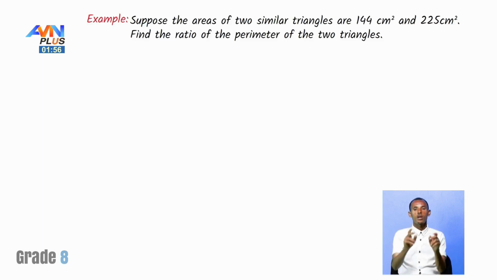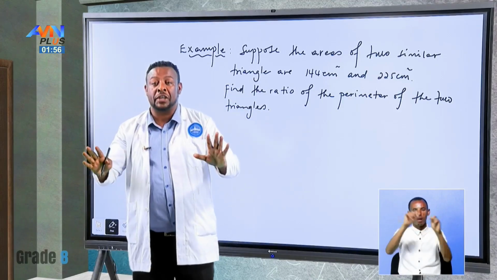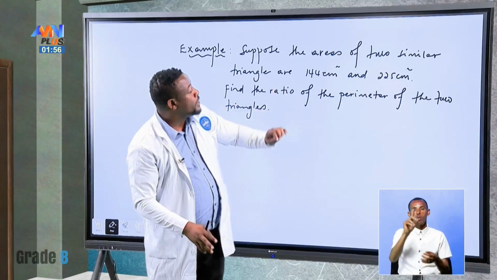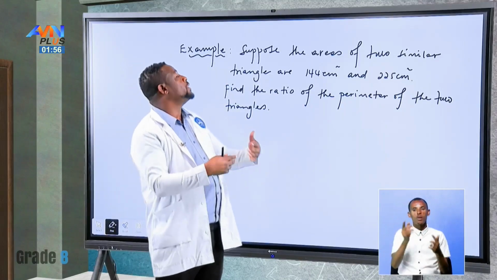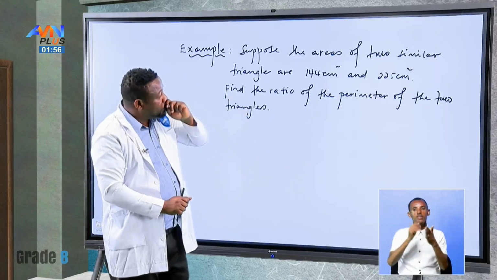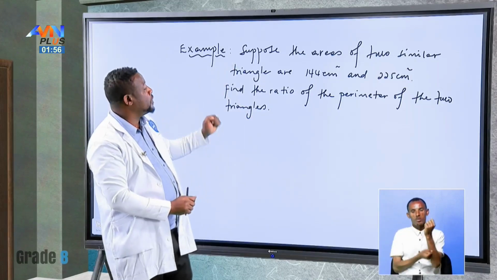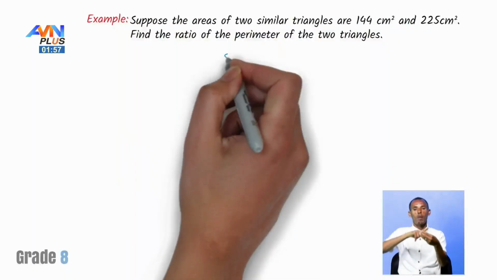Here in this example, the areas of two similar triangles are given: one is 144 centimeters square and the other is 225 centimeters square. Based on this information, we are asked to find the ratio of the perimeters of the two triangles.